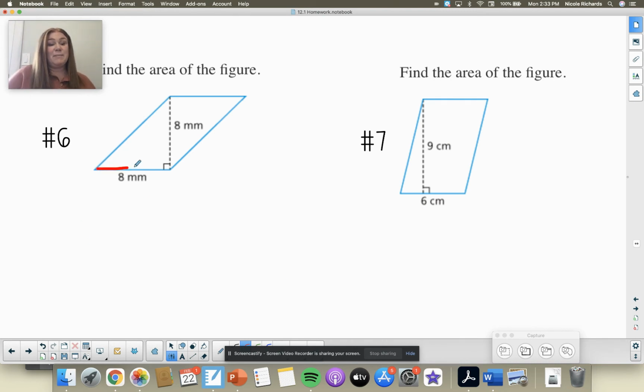We need to take our base. We need to multiply it by the height. I can see they're actually the same here. So 8 times 8 will give us the area of millimeters squared. And number 7 has a base of 6, a height of 9. So 6 times 9 will tell us the area for number 7 in centimeters squared.